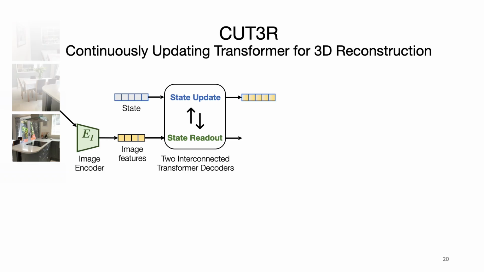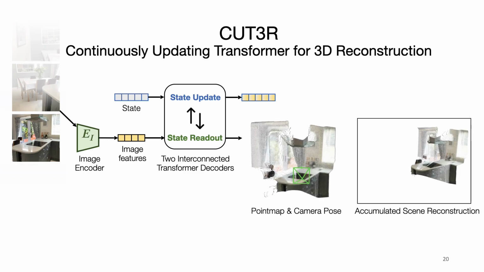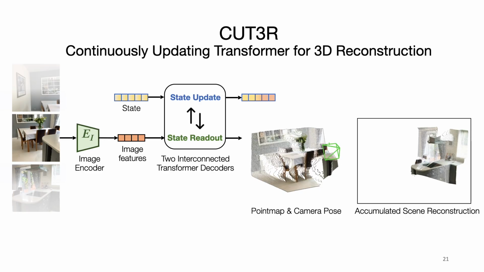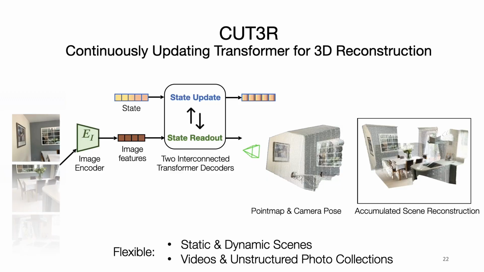At the same time, the state readout decoder reads out information from the state to augment the image features, and then outputs explicit 3D content. In this case, it includes the point map, similar to Duster, and also the camera pose. The same procedure just repeats: an image comes in, talks to the state, updates the state, and reads out output for the current observation, and so on. This formulation is very simple, but also very flexible, because there's really no constraint on what the method can handle.